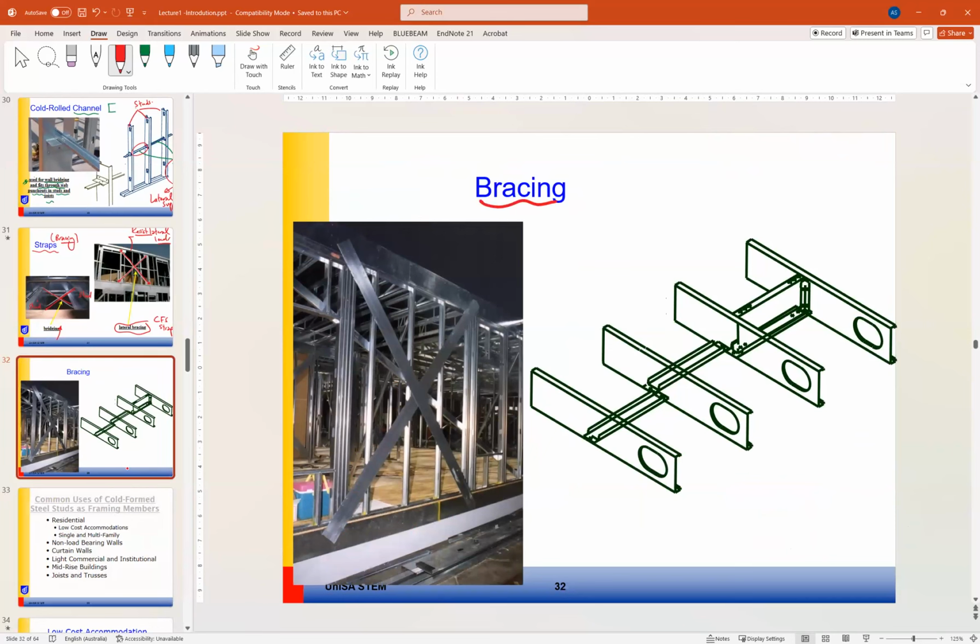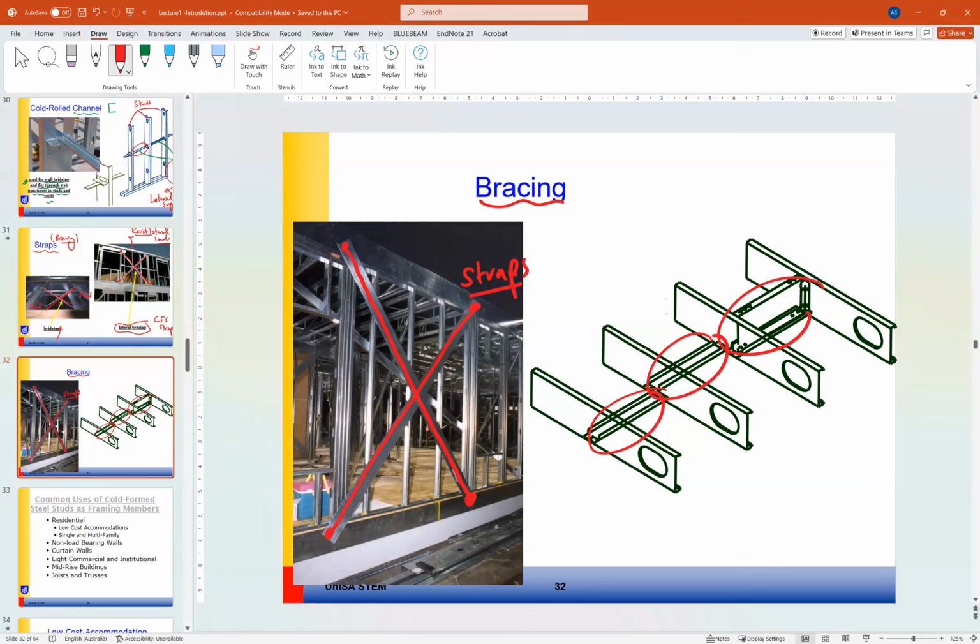Okay, another element like straps is bracing, so it's the same item or same member. So if you need to resist the lateral load, you can add the straps or the bracing. The straps are usually diagonals, and here is horizontal bracing.